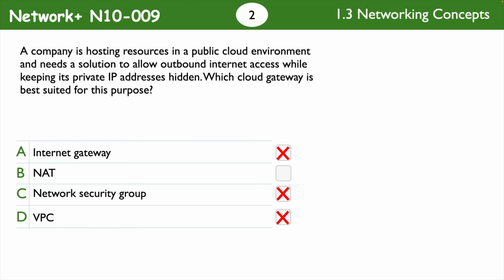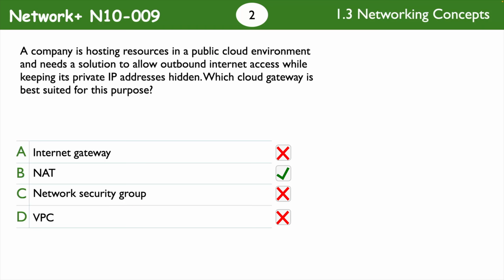And while it facilitates network segmentation, it does not handle internet access or IP address translation. And that leaves us with B, network address translation, which is NAT. And that allows resources in a private subnet to access the internet while keeping their private IP addresses hidden.